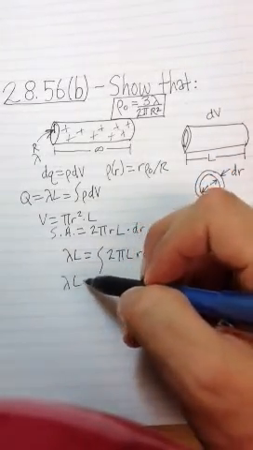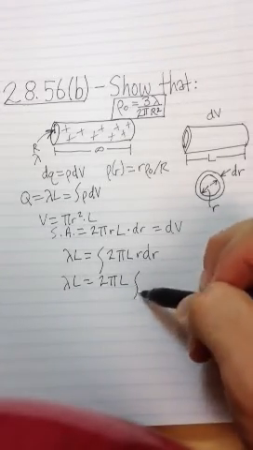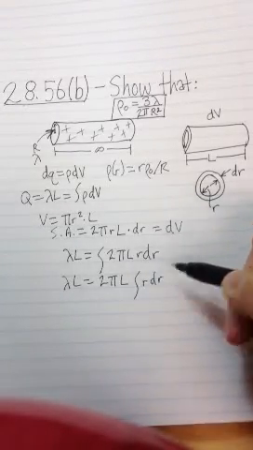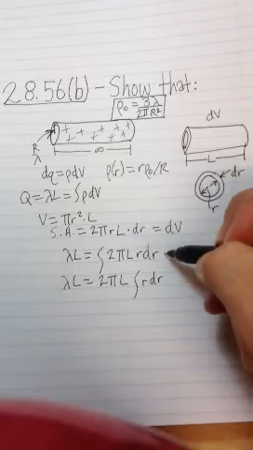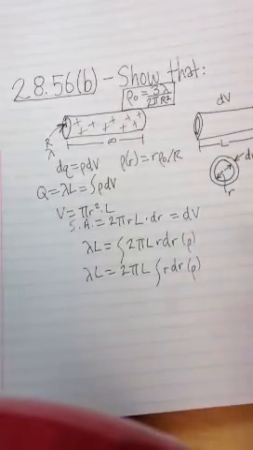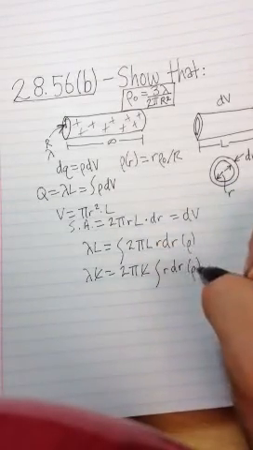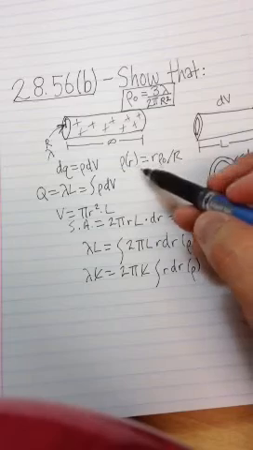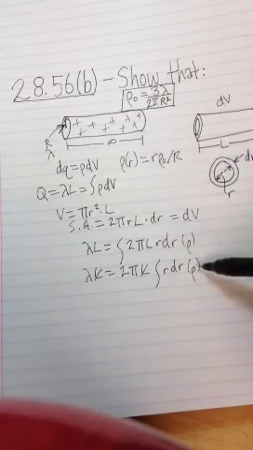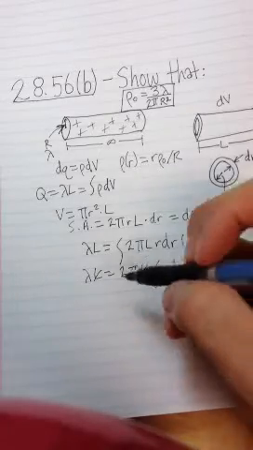So lambda L equals 2 pi L integral of rho r dr. Sorry, there should be a rho in there. You can see the L's cancel out, and then you insert the equation for rho of r that they gave you. The reason we're leaving the rho in there, of course, is because it's a function of r, which is what we're integrating with respect to.